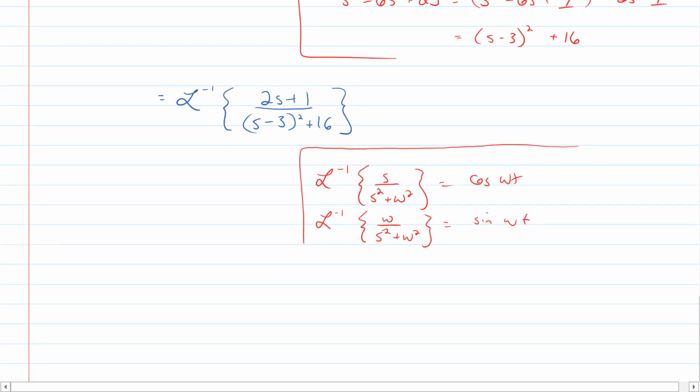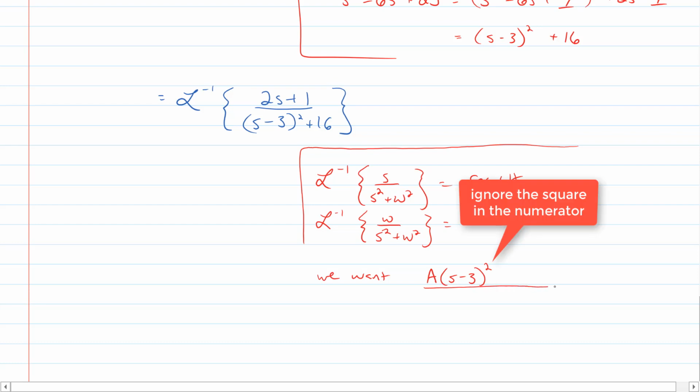And so what we really want is to have a fraction that looks like some constant a times s minus 3 over s minus 3 squared plus omega squared to look like the cosine term.